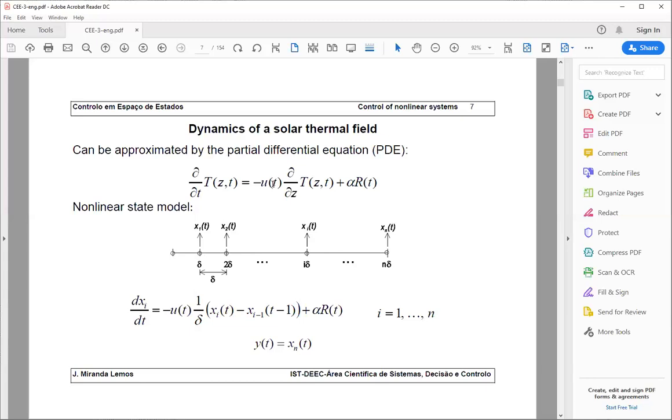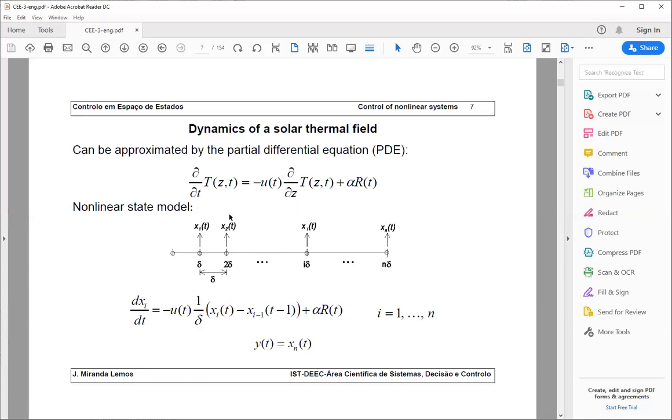So you have points at delta, 2 delta, 3 delta, and so on, I delta, and you have temperatures that I call x1. x1 is the temperature at position delta, so x1 of t is the temperature at position delta at time t, x2 is the temperature at position 2 delta at time t, and so on.